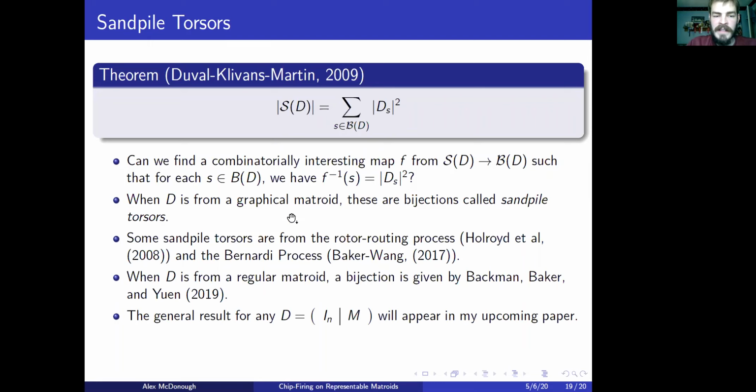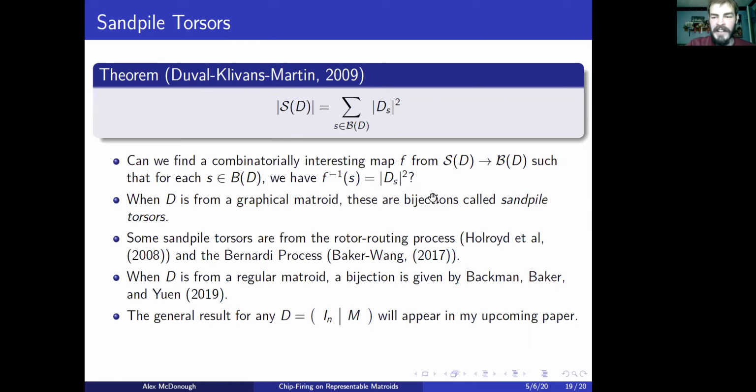So then the general result for any D is going to be in my upcoming paper. I just figured it out a few weeks ago, and I'm very excited. It uses some ideas from the Backman-Baker-Yuen one, but I had to change a lot of stuff because things just don't always work in non-regular matroid land.